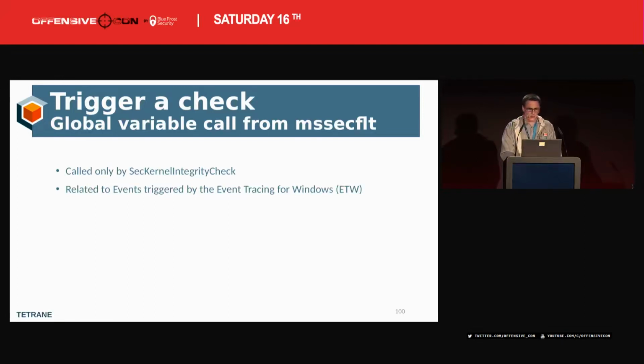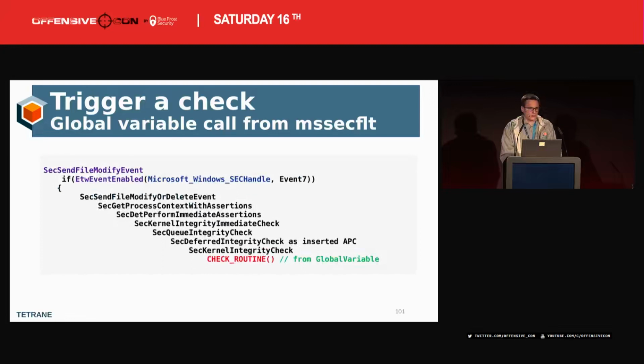I can show you a call stack, which shows that it comes from some event. For example, this is one of the call stacks that may lead to the check routine, which is SendFileModifyEvent. So basically, it may be triggered in different ways, and in this case, I only look at it statically, so there are a lot of possible call stacks, and this is one of them.